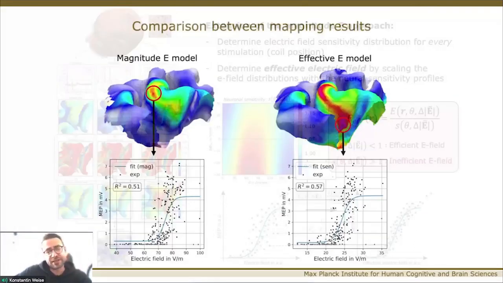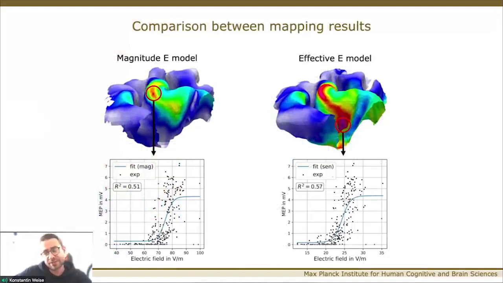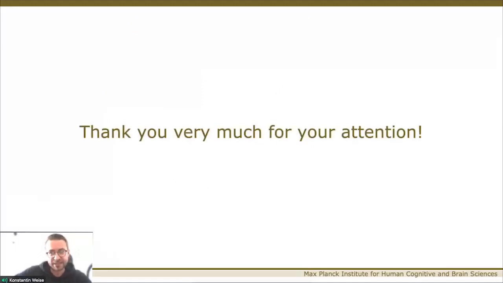In most of the subjects, the results didn't change much, but we also have some subjects where we see that the hotspot we determined was stronger. So we have higher R2 scores with the effective electric field model, and also the hotspot might change its location. This is currently an ongoing study, and I'm really excited how this will turn out.